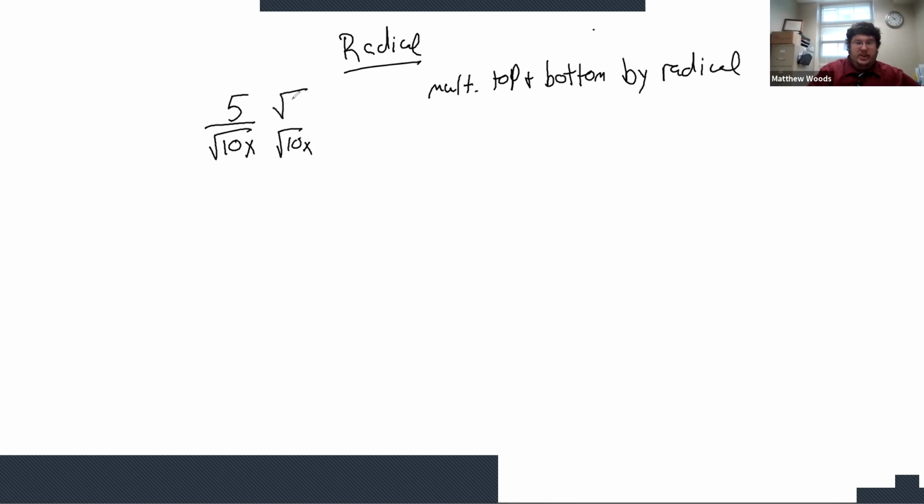Multiply top and bottom by radical 10x. The top is just going to sandwich together. It's 5 radical 10x. So we'll make a note here, sandwich together.